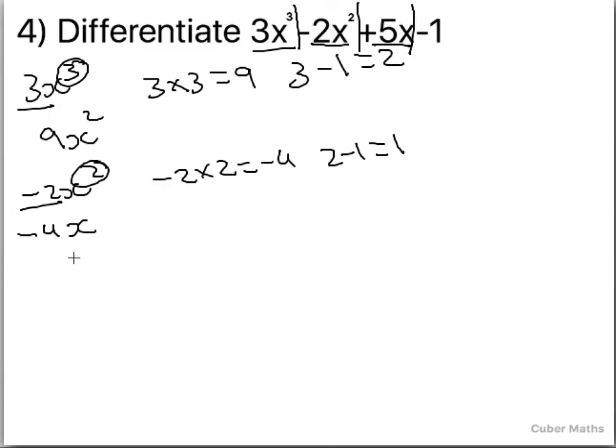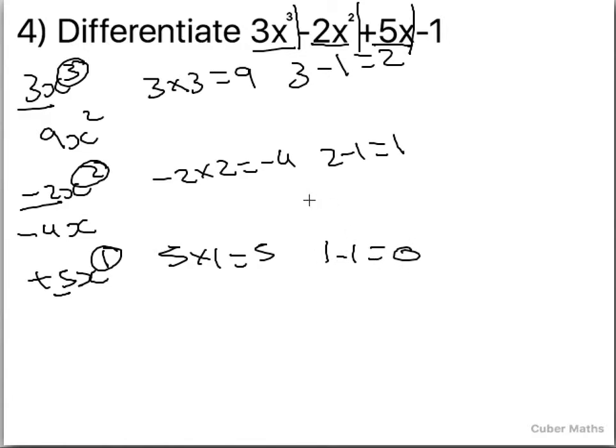Take our third bit, plus 5x. So that means we've got x to the power of 1 because there's just one of them. So if we take our number in front and our power, 5 times by 1, we're going to have 5. And then if we take 1 away from our power, 1 take away 1, we're going to be left with 0. So that's going to cancel to just 5, as we've said in the previous ones.